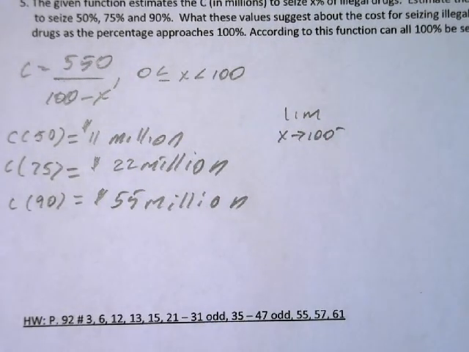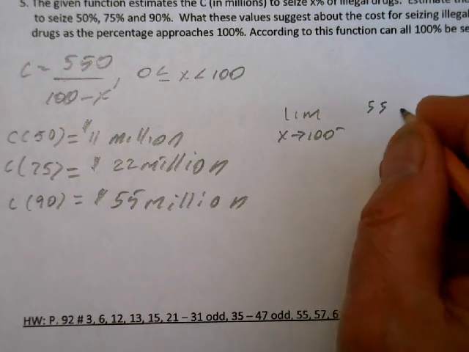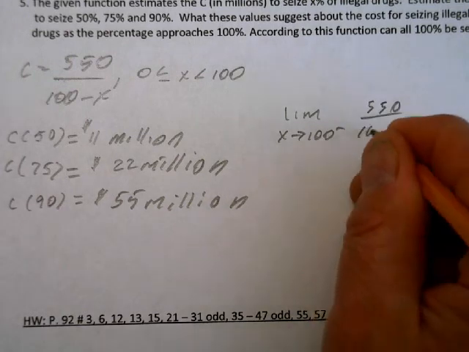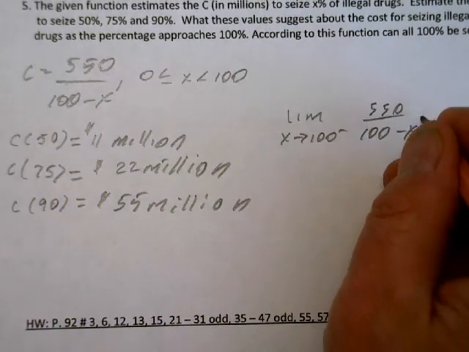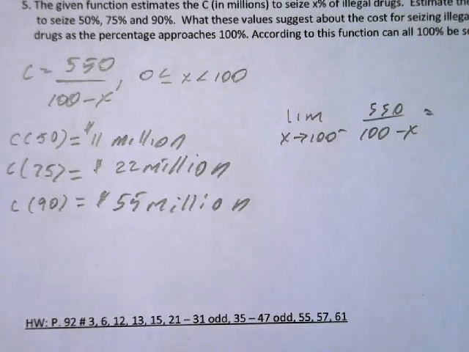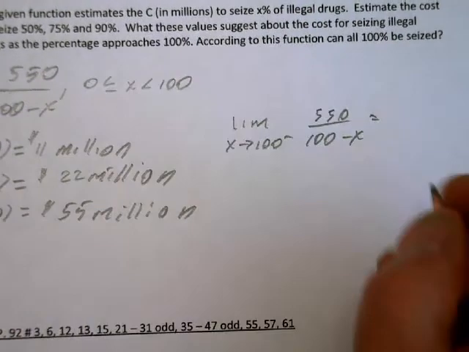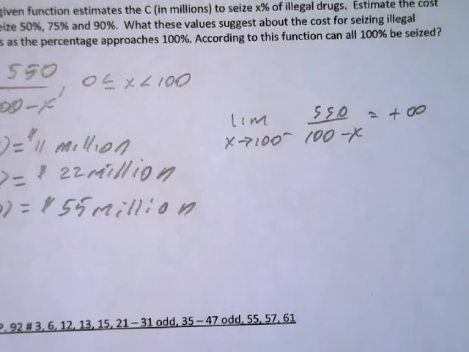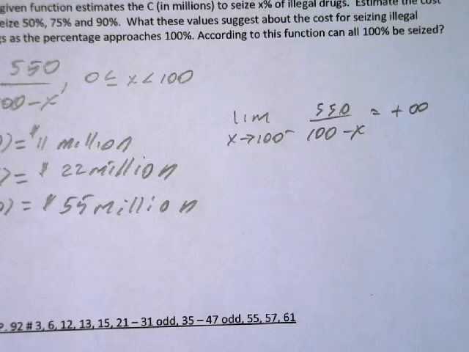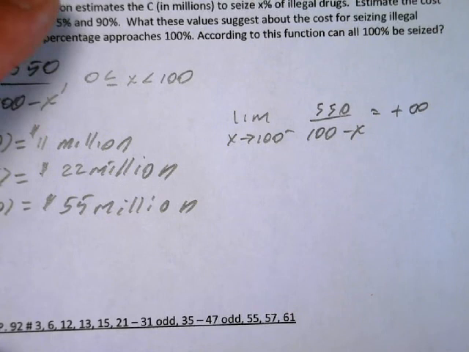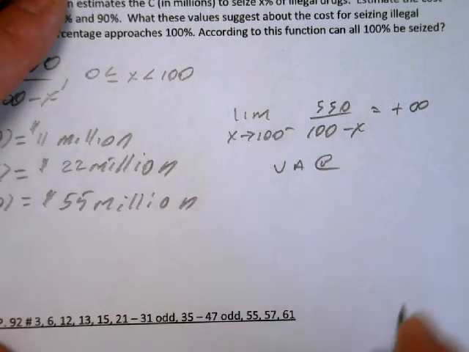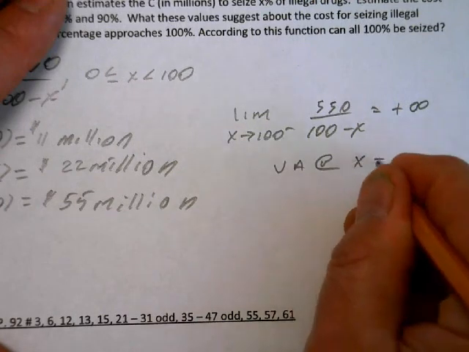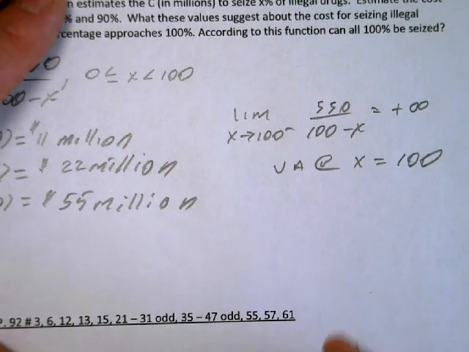So what we have is this limit. And that limit is as x approaches 100% from the left of 550 divided by 100 minus x. What does that approach? Well, that is going to approach positive infinity. If it approaches a positive infinity, not a specific number, what does that mean? That means it does not exist.